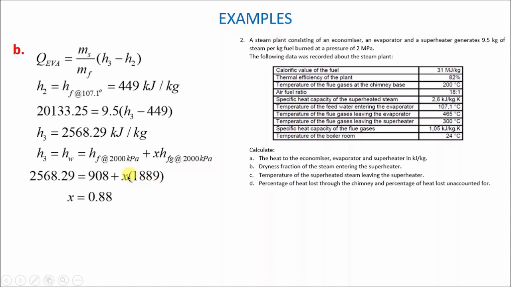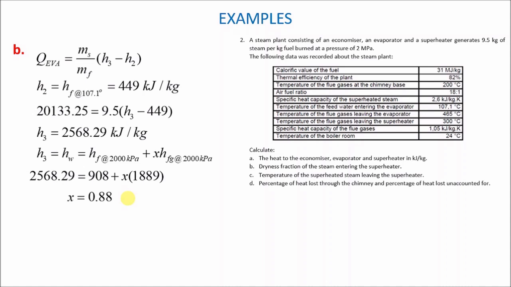The only thing you do not have is X, so you solve for X, and you find that the dryness fraction is 0.88 at the entrance to the superheater or at the exit of the evaporator.